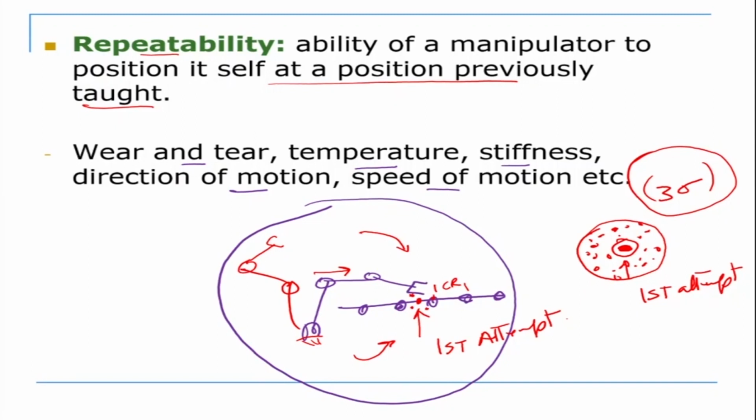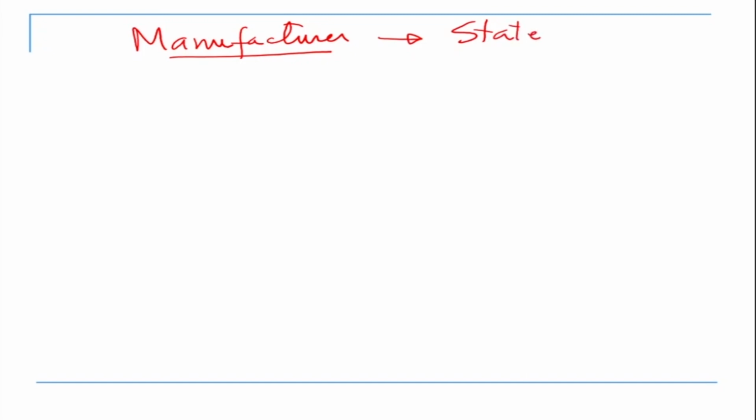Now the manufacturer has to actually find this out. Okay, manufacturer has to state these errors in the manual. So if you buy a robot, you'll find that these are stated. So for example, control resolution will be 0.01.